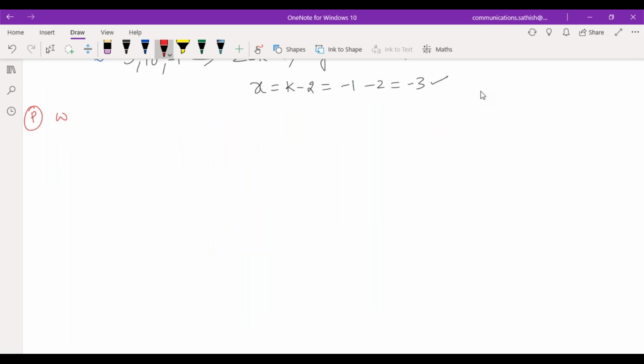Then one more problem. Note down. Which one of the following statements correctly described the solutions of the system of linear equations?